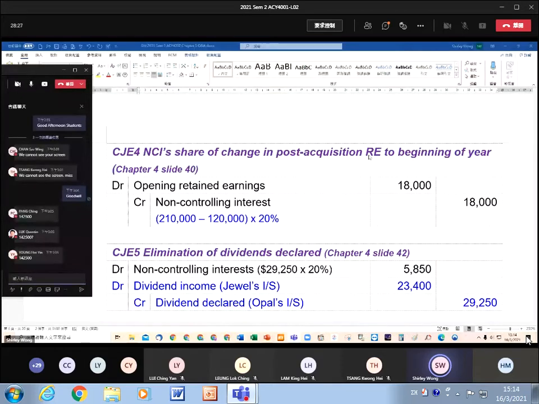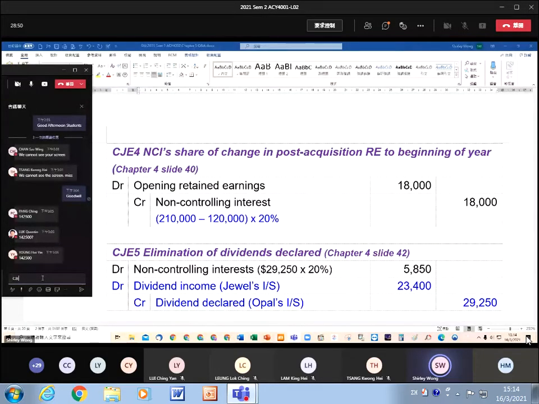Retained earnings, you can use abbreviation, but you cannot use this abbreviation when you write the account name. Remember to write the account name in full, otherwise you will lose marks. But for the explanations, apart from the account name, you can do that. Okay, so this should be CJE 4 and CJE 5.